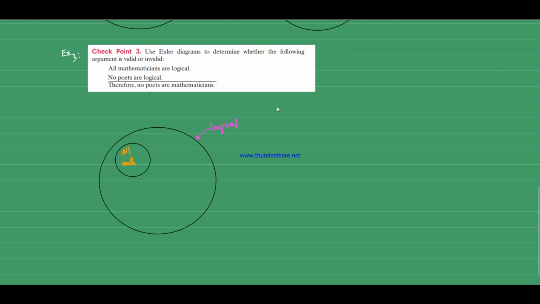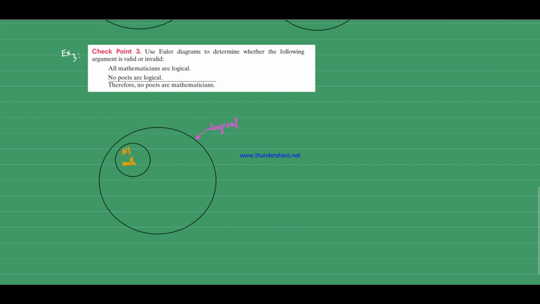It means that when we draw the circle for poet, it cannot be inside the circle right here, or it can overlap the big circle right here, because they say no poet are logical.